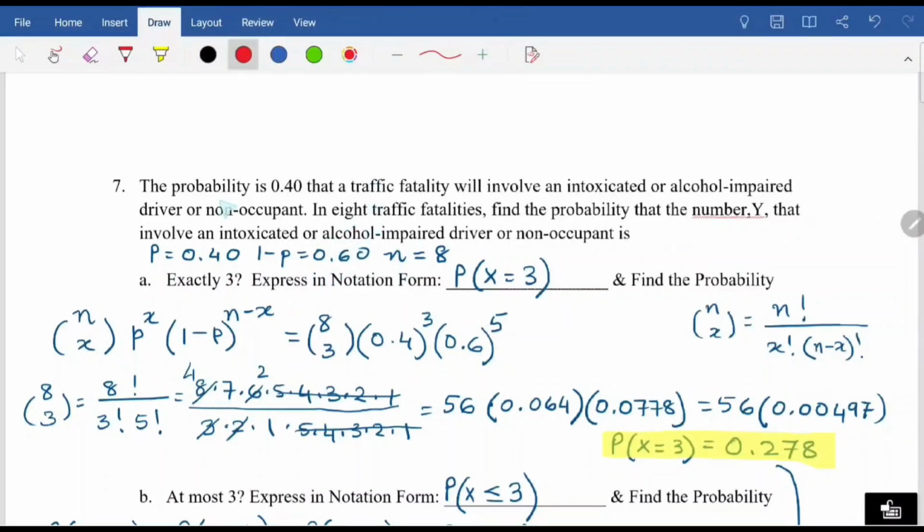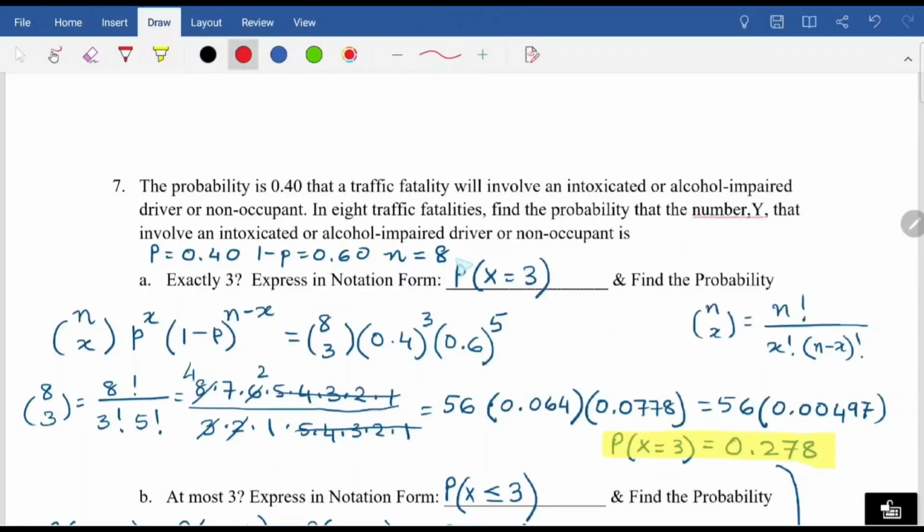All right, so p over here, the probability is given as 0.4. So p is 0.4, what I write here. 1 minus p, therefore, or the failure probability is 0.6.